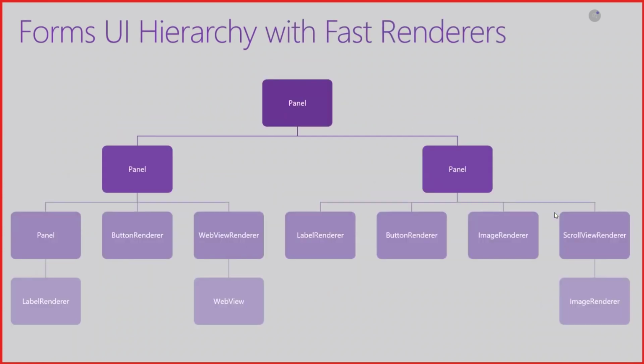And then when you add fast renderers, you can see that it greatly reduces the number of views that need to be inflated. And some of these didn't make an impact because Web View Render, for example, didn't get the fast renderer treatment. But in terms of what was the biggest bang for the buck, those are the 3 controls we did. And so we shipped that, I think I put it in the blog post.